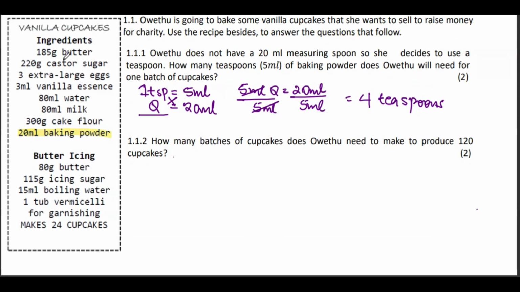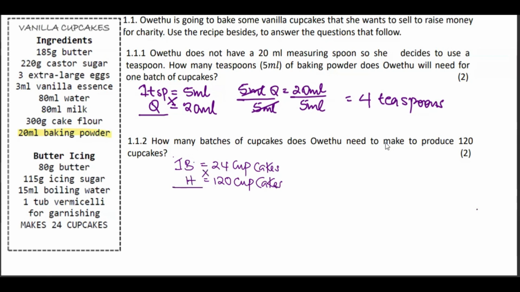So how many bunches will the person need? If 1 bunch caters for 24 cupcakes, what about if you want to make 120 cupcakes? How many bunches will they be?